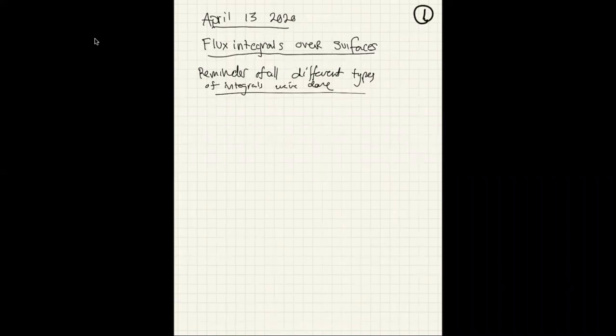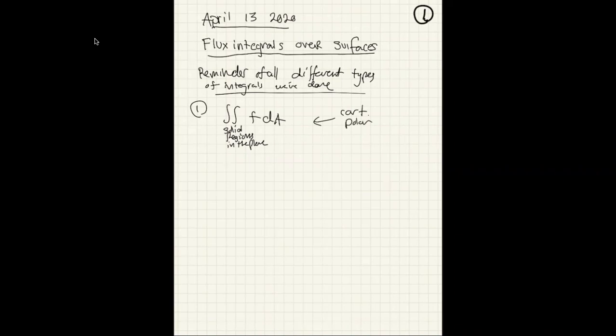The first one was we did double integrals over solid regions in the plane of some function dA. Now we could have done that in Cartesian or polar.